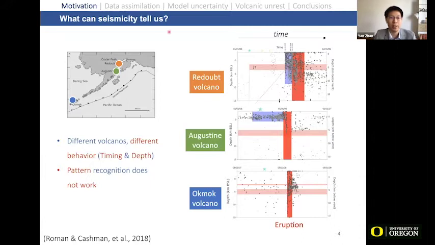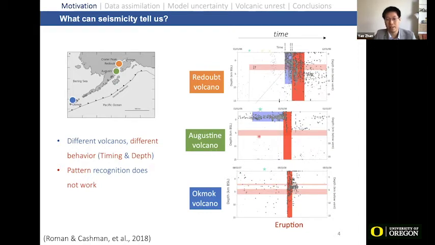On the other side, what can seismicity tell us? Here is a study by Diana Roman, and here are the depths of the volcano-tectonic earthquake evolution before the eruption. We can see different volcanoes along the evolution arc. For example, at Okmok volcano, before eruption, there are almost no precursory earthquakes.